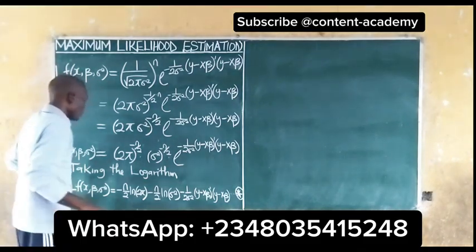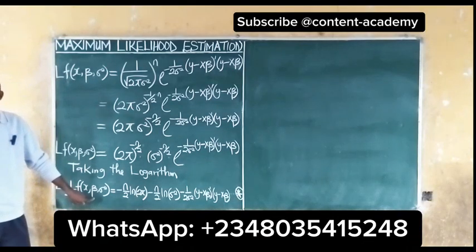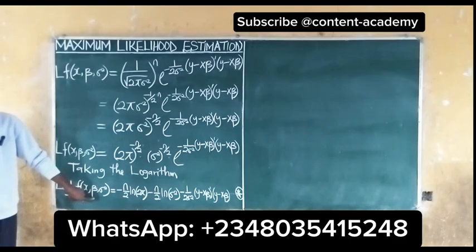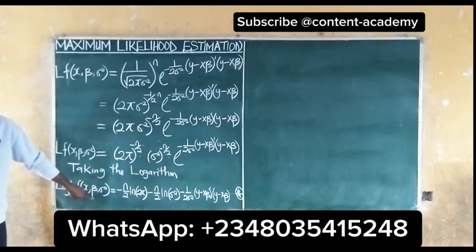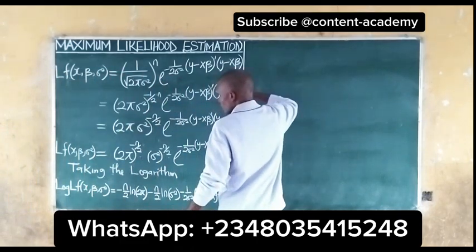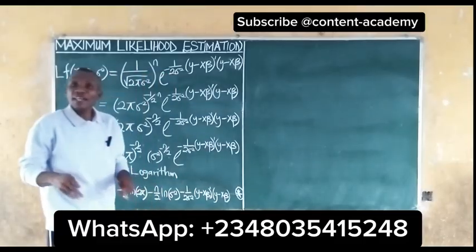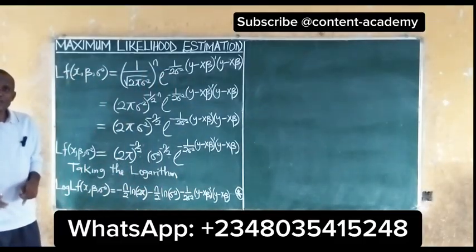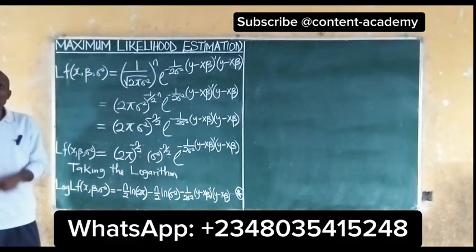So, we will now differentiate with respect to beta. How do we go about this? To minimize or maximize a function, you differentiate and equate to 0.